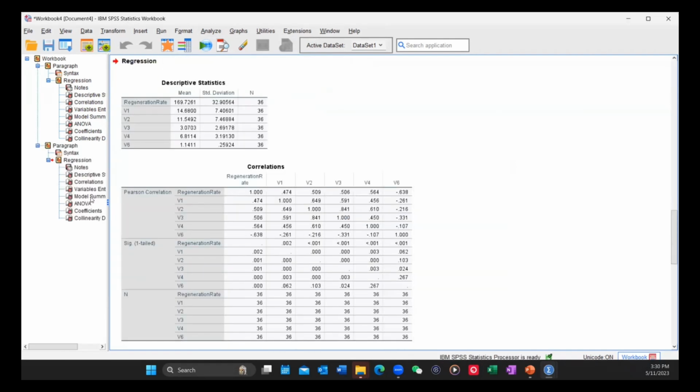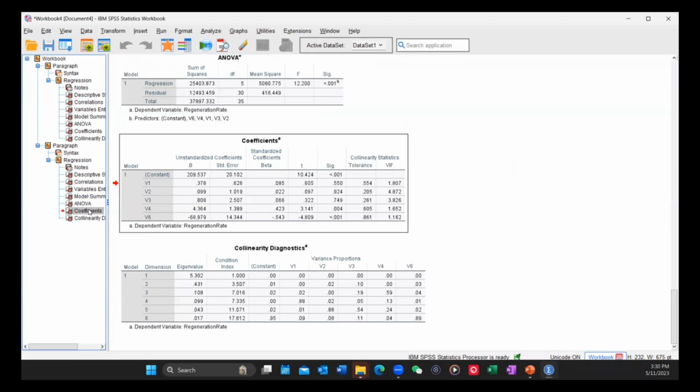Now let's go back to the coefficient table for the new model after removing V5 and look at the VIF values. Actually, all of them are below 5 now. Although the VIF value for V2 is relatively large, it is below 5, okay?